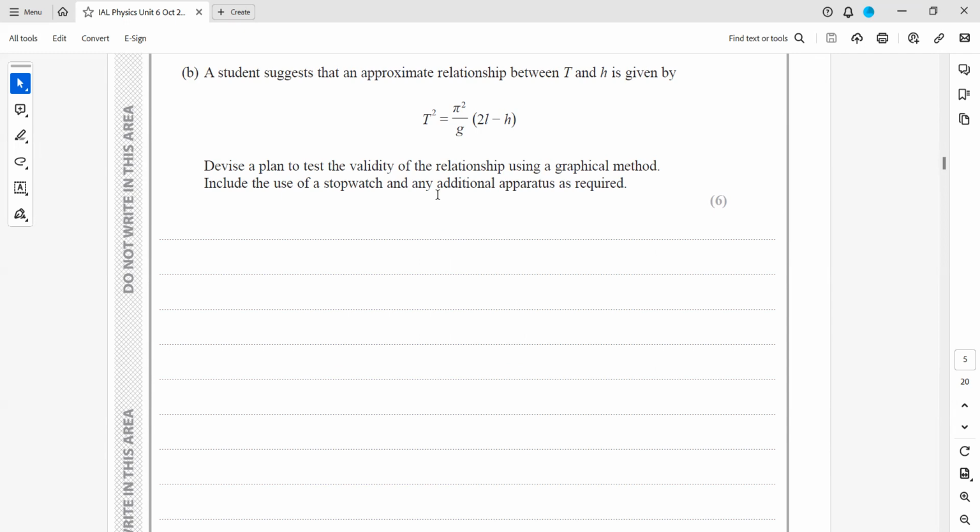So what we have to do, this is a 6-mark question, which is showing a high weightage. So we have to state the method, how it should be done, and then we will use this equation to work out what are the quantities we should measure, and how they can be measured. So both we have to mention.